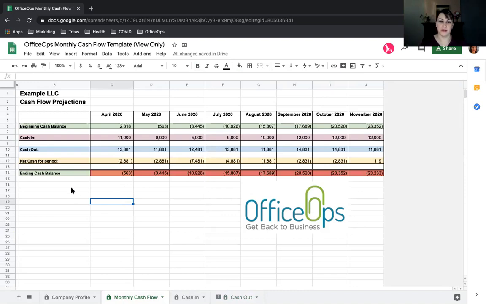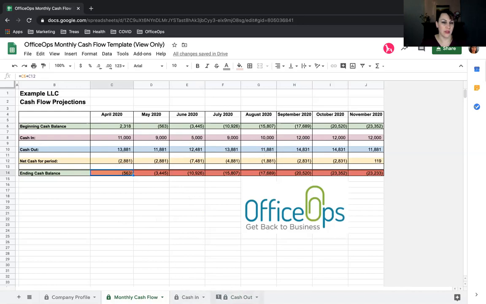Is this cash flow positive? It's not a positive cash flow. It's a negative cash flow. I had projected a dip of income in June and then trying to come back close to October, as well as having some new expenses pop up here in September. So let's see what we can do here.